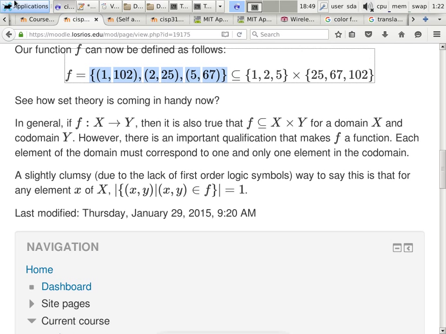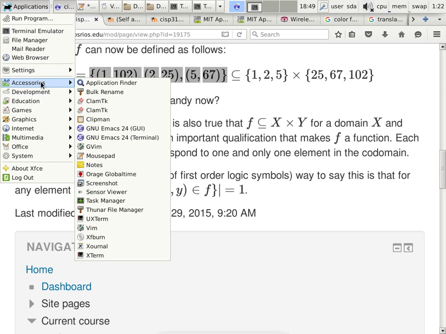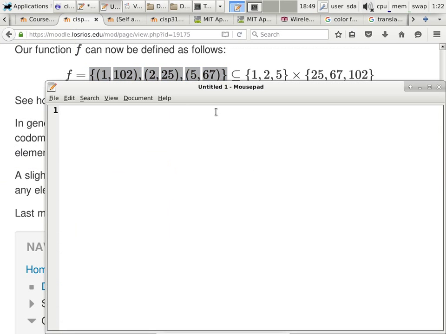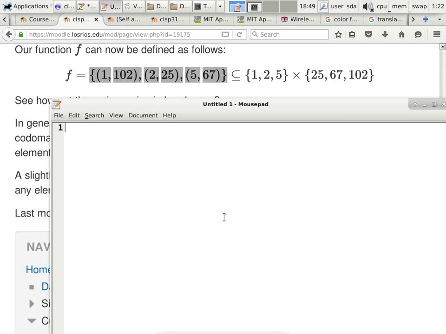Okay, let me give you, I'll just write it out so this way we can see it, because it's harder to visualize. Okay, so if I say that f is in curly braces (1, 102), (1, 25), and (5, 67), this is not a function anymore. And I'm going to say why.